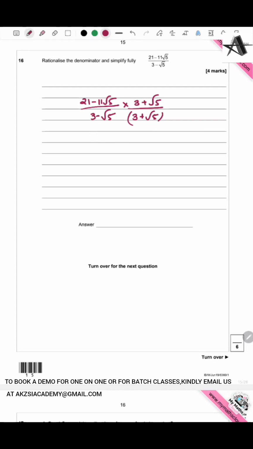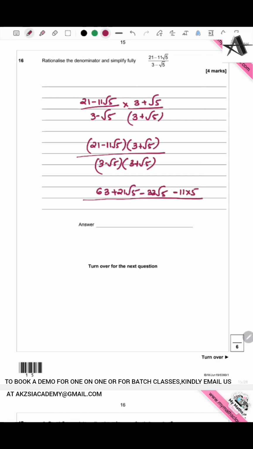So 21 minus 11 root 5 times 3 plus root 5 over 3 minus root 5 times 3 plus root 5. 21 times 3, 63, plus 21 root 5 minus 33 root 5 minus 11 into 5 over, this will be a plus b, a minus b, that is a squared minus b squared.